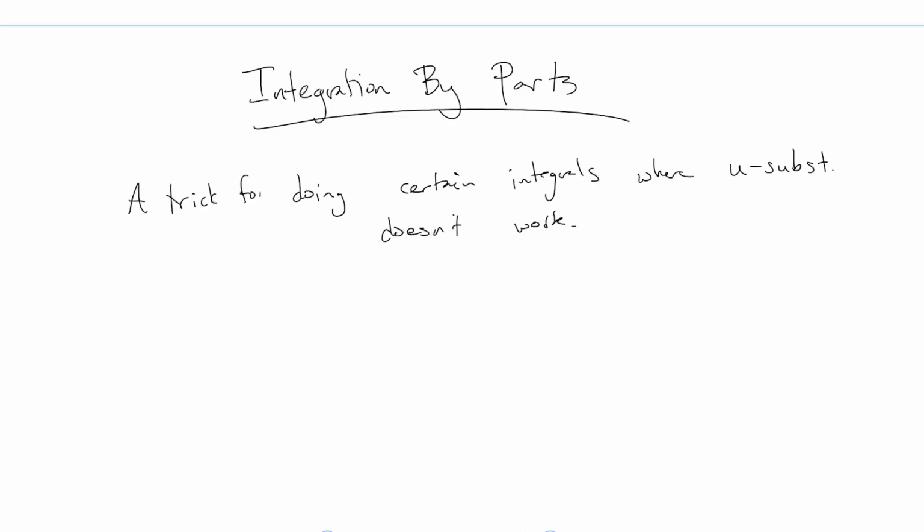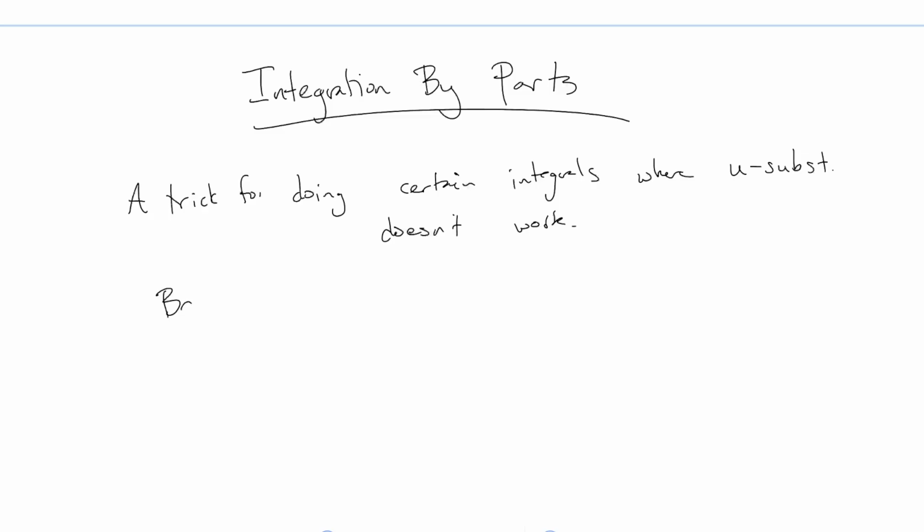If you just show me a weird integral, there are a few different tricks that I know to try. I'm going to start by trying the u substitution, because that's the standard trick that hopefully is going to work. But if that doesn't work, you might have to try integration by parts, or maybe one of the other ones that we're going to talk about over the next few weeks.